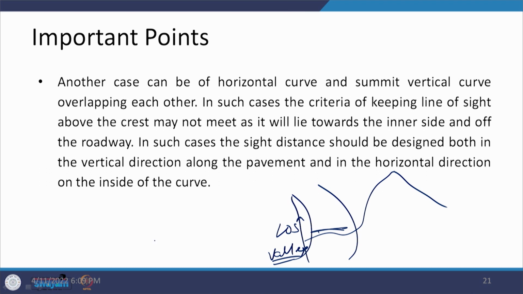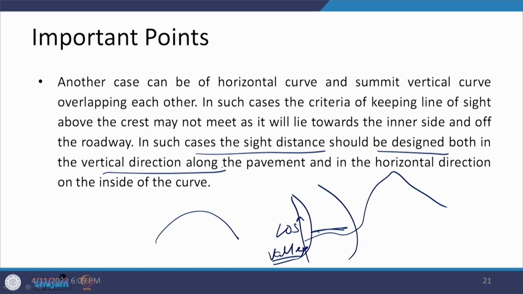Another problem is that there is a vertical movement also here. So, you are going up and at the same time there is a turning. So, how to coordinate these two? In such cases, the sight distance should be designed both for the vertical direction along the pavement as well as the horizontal direction on the inside of the curve. So, both have to be looked at separately and ensured to be available, then only safety can be ensured at the design speed movement of the traffic.